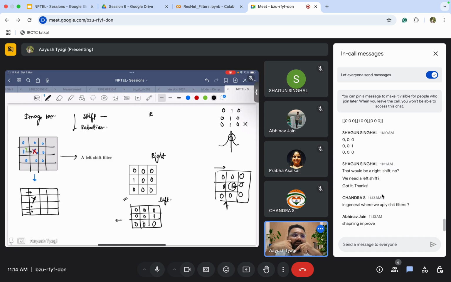In robots, whenever you're moving, the camera changes, so you need to map everything into the original space. That's where you either want to shift or rotate. So these operations are essentially required there.